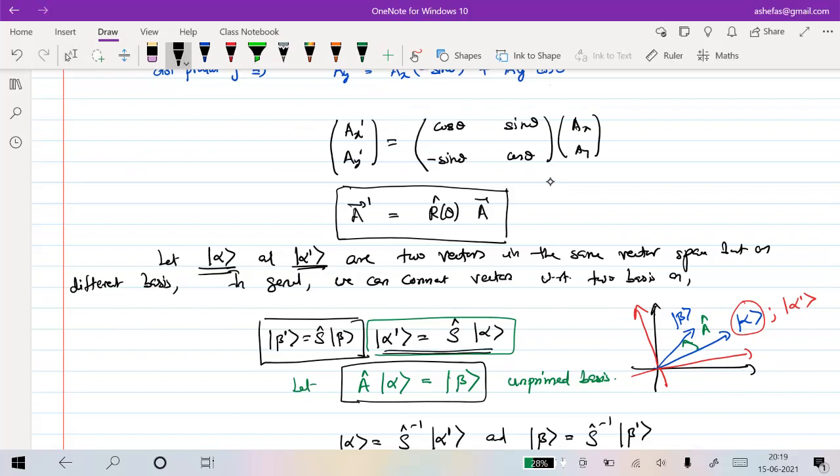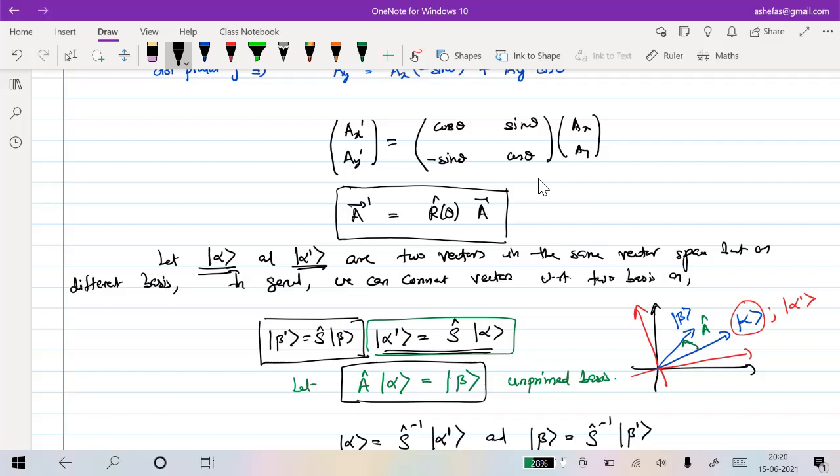The primed basis and unprimed basis are connected as alpha prime equal to S alpha and beta prime equal to S beta. And if alpha and beta are connected through an operator A in such a way that A acting on ket alpha gives ket beta, then that is the mathematical expression of the transformation of ket alpha to beta in terms of unprimed basis.